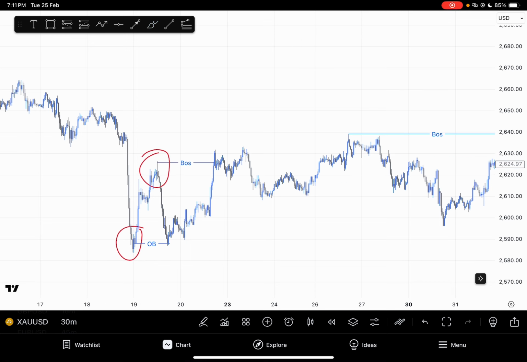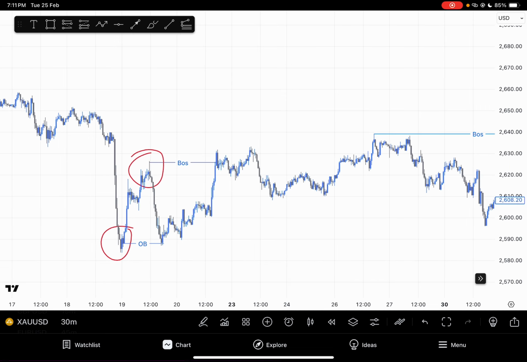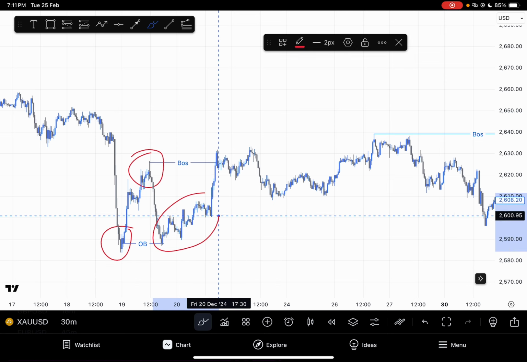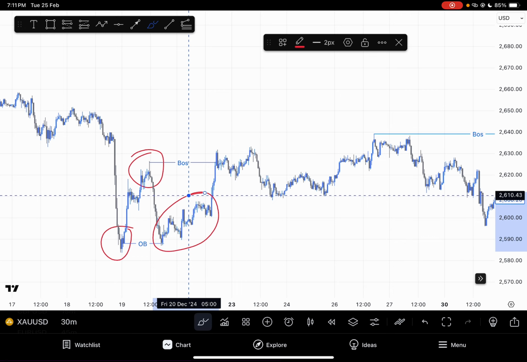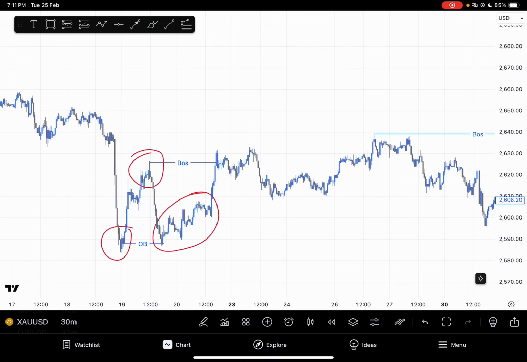So after the break of structure, what next? You have to look for another order block. And one thing you should know, if there are multiple order blocks on this other side, what should come into your mind is that you should always mark the first order block. Always use the first order block on this particular line.